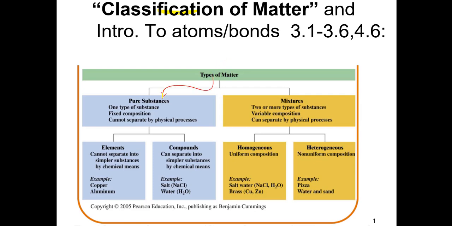Now, pure substance is any matter that is the same throughout. So, for example, water is made up of water molecules. We'll get into those definition molecules later on, but it's made up of the same substance throughout.